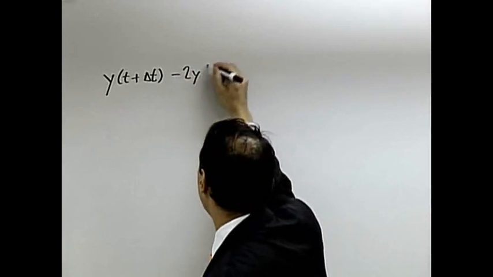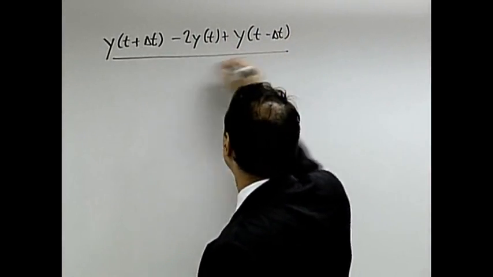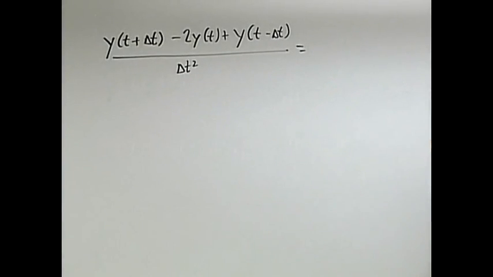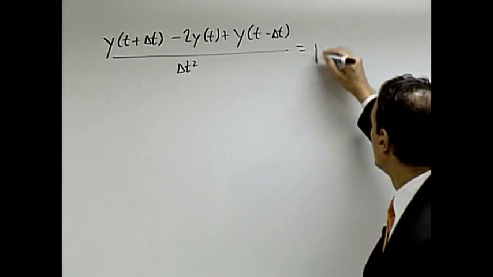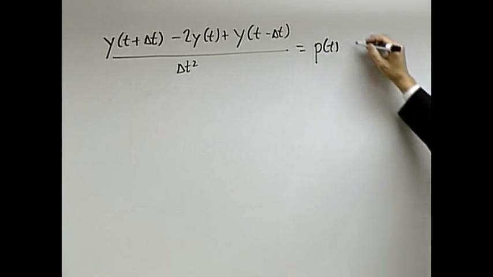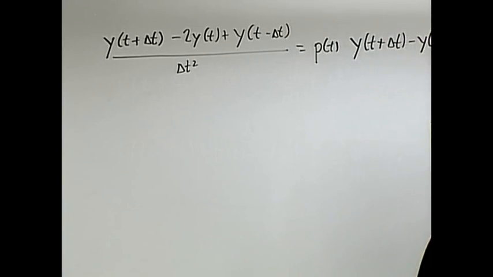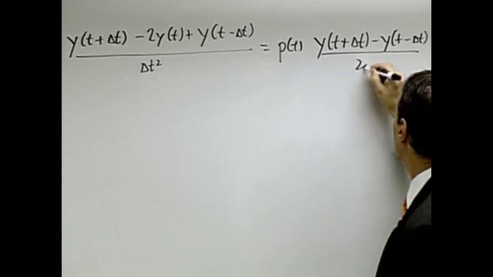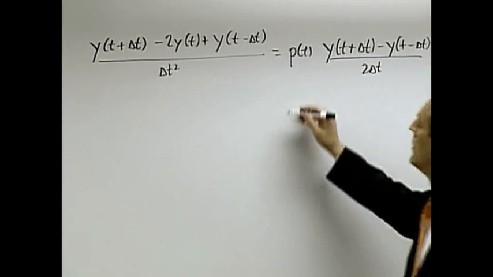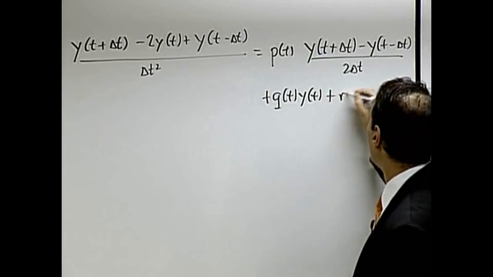That minus that plus this, all over delta t squared, equals p of t times dy dt, which is pretty easy too: y of t plus delta t minus y of t minus delta t, all over 2 delta t, plus q of t y plus r of t.